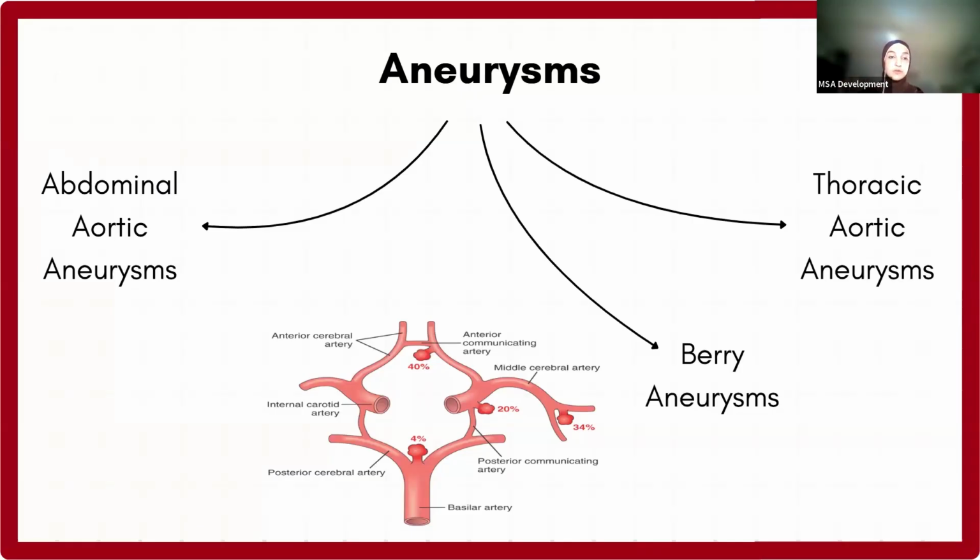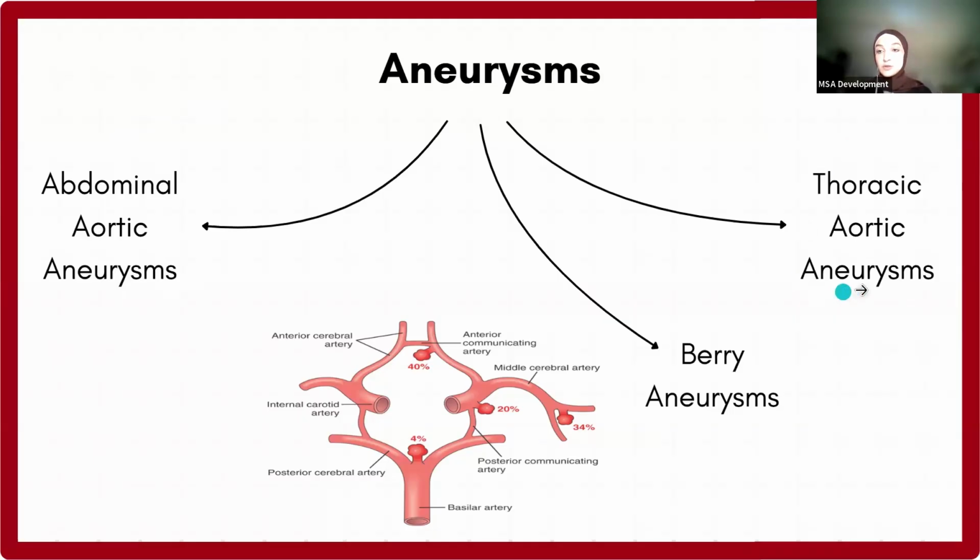Okay, so Marfan syndrome can see abdominal aortic aneurysms, thoracic aortic aneurysms, or berry aneurysms. Okay, now the most common out of all of them is abdominal, and in abdominal, the most common type is fusiform. That's all you need to know for the OSPE part.